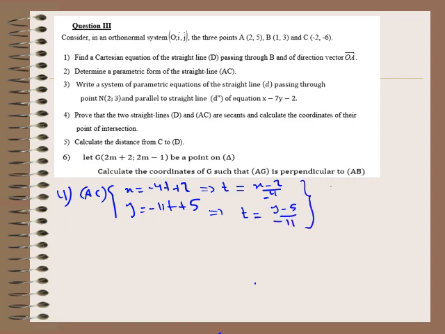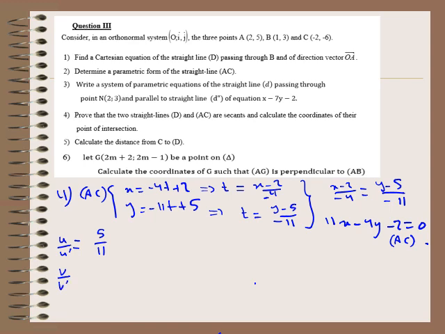So x minus 2 over minus 4 equals y minus 5 over minus 11. Cross multiplication, we get 11x minus 4y minus 2 equals 0. That is the equation of AC. So u over u prime equals 5 over 11, v over v prime equals minus 2 over minus 4. So u over u prime does not equal v over v prime. So the two lines are secant.